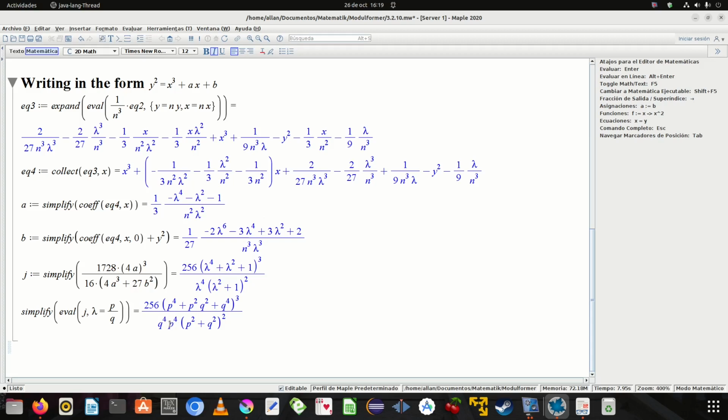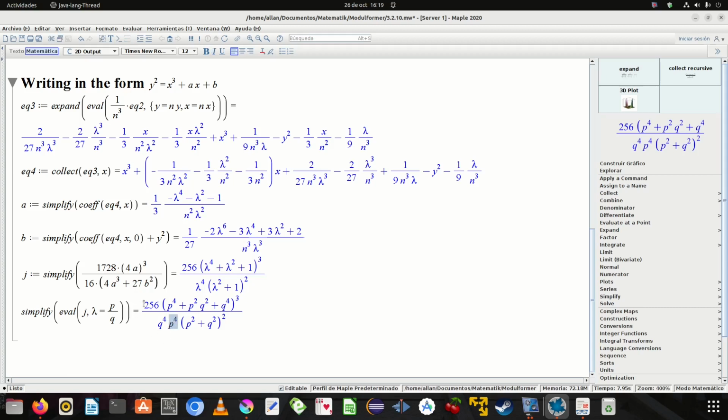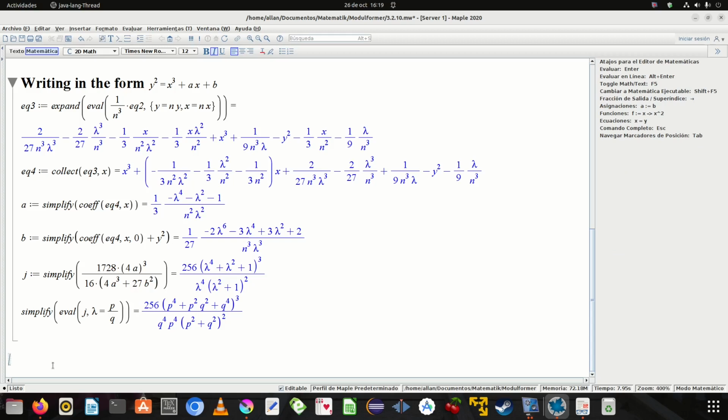And since P to the 4th must divide 2 to the 8th, we can have no more than 1, 2, and 4.